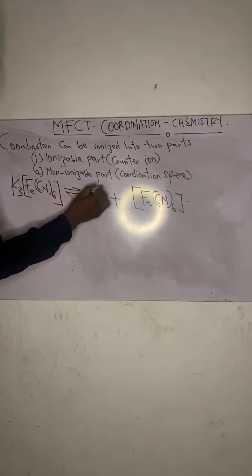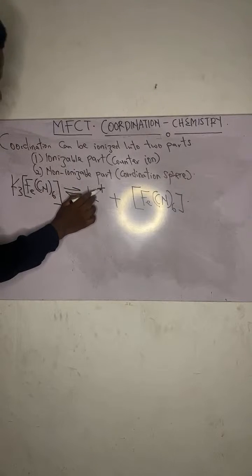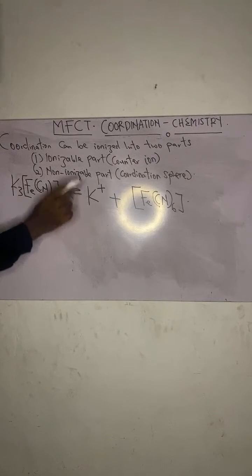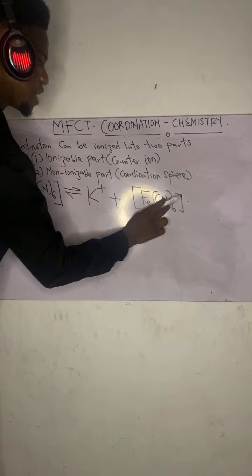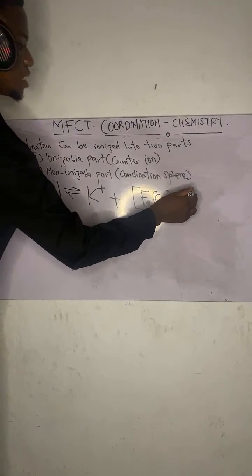Whenever a particular atom loses an electron, it becomes positively charged. So potassium will carry a positive charge. Once you assign a positive charge to the top of the potassium, then the coordination sphere will be respectively negative. So once this one is positive, this one will be negative.